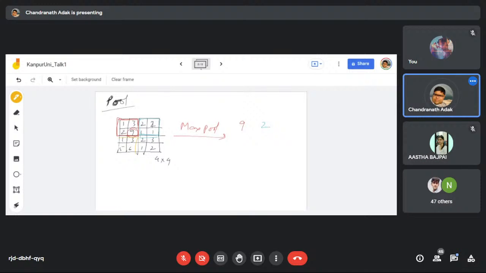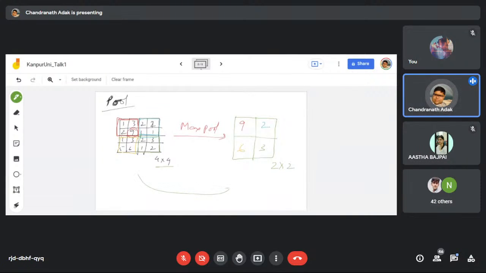This yellow color box, the maximum one is 6, and this green color box, the maximum is 3. So I am done. From this 4 cross 4, I am getting 2 cross 2. This is your max pool operation.